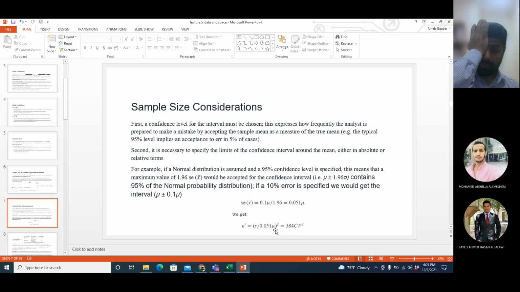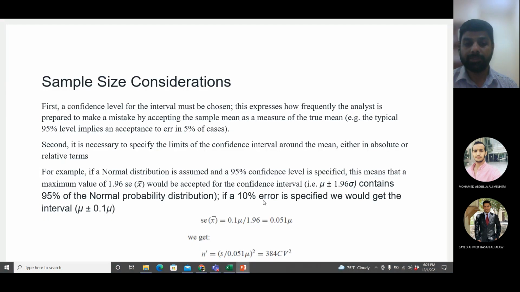So if you want to calculate the number of samples, then you should know the mean and the standard deviation of the sample, and you can calculate the number of samples from this equation. So where did we start? We started from the confidence level. First of all, you have to determine the confidence level. Then you go to the central limit theorem and see for this confidence level how much standard error is possible.